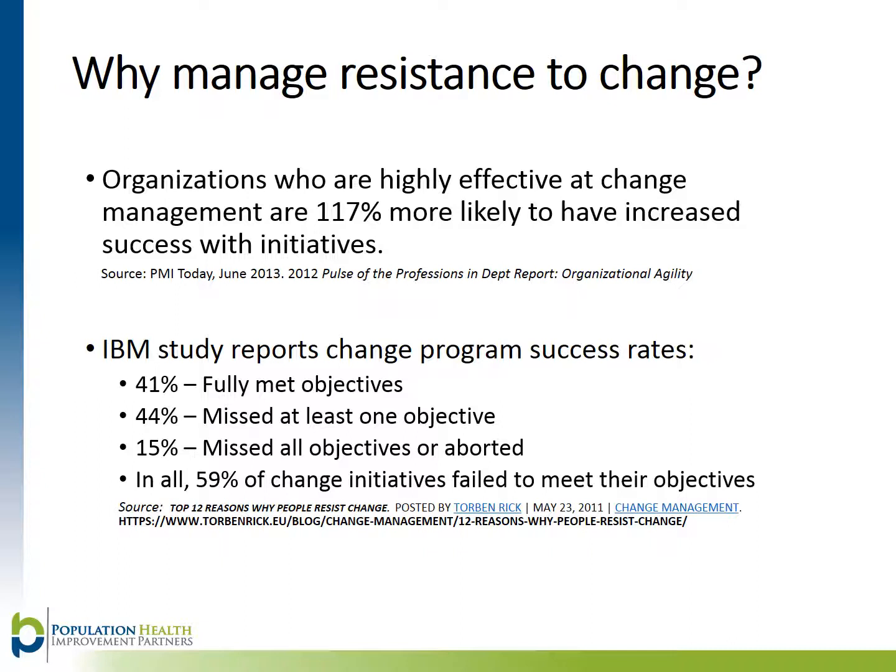The change practitioners themselves reported the following change program success rates: 41% fully met objectives, 44% missed at least one objective, 15% missed all objectives or aborted. In all, 59% of change initiatives failed to meet their objectives.